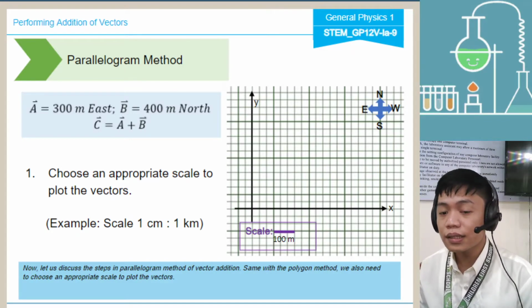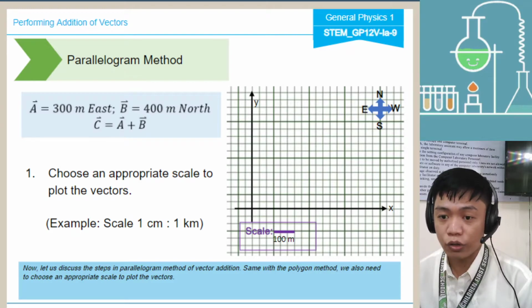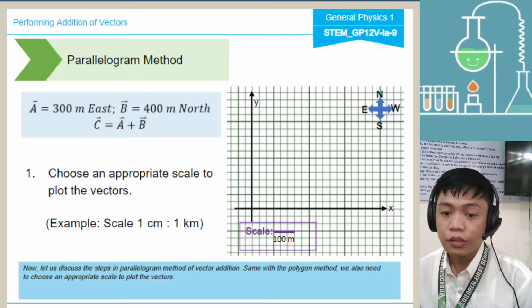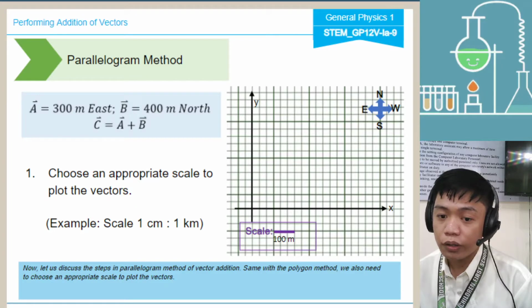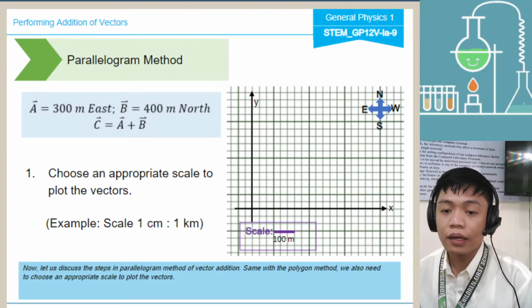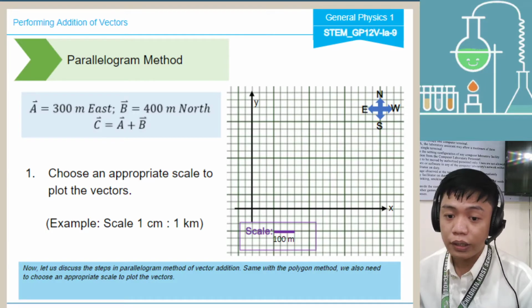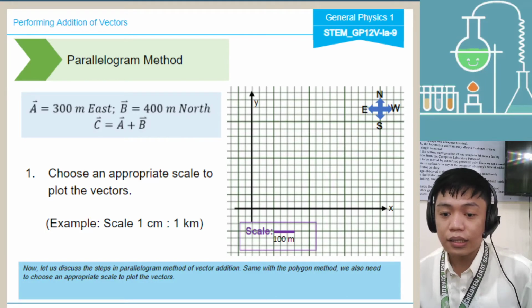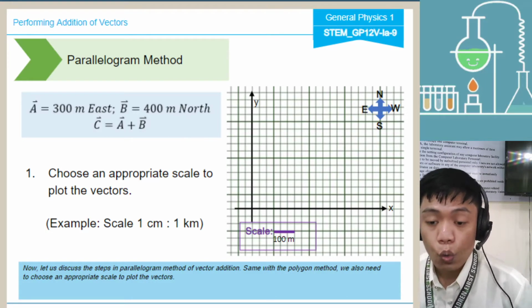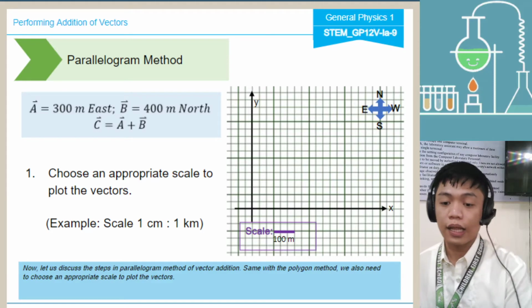Now let's discuss the parallelogram method. The parallelogram method has a first step similar to the head-to-tail method. Number 1 would be: choose an appropriate scale to plot the vectors. An example of that is the scale of 1 centimeter to 1 kilometer.